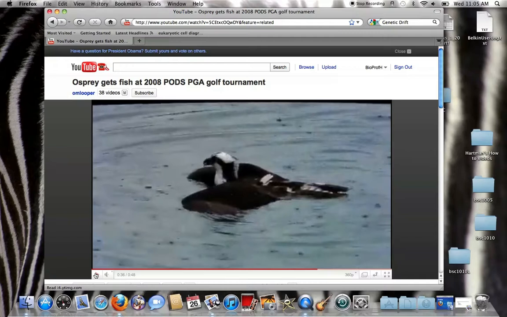So it's a tricky process. Needless to say, if this osprey were to drown, that would be genetic drift in the population of these osprey, because no longer would this bird be breeding and providing its genes to the population of osprey.